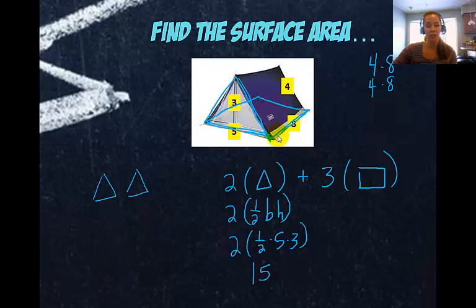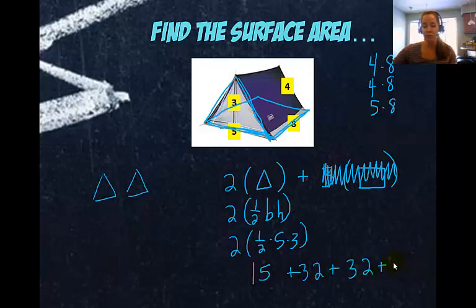So instead of having 3 of the same size, I'm going to go ahead and add up 4 times 8, that's 32, plus another 4 times 8, another 32, and then 5 times 8, 40. If you add them all up, you get 119 units squared.